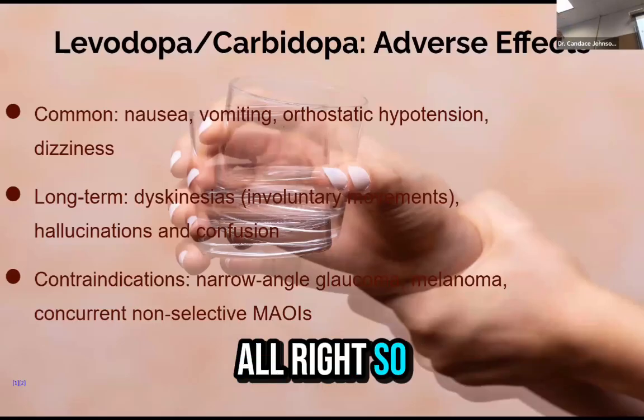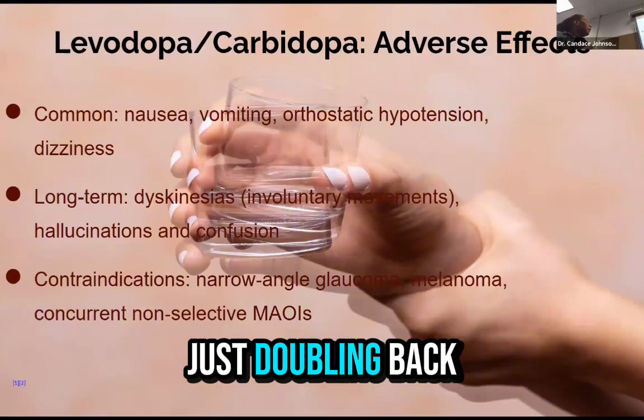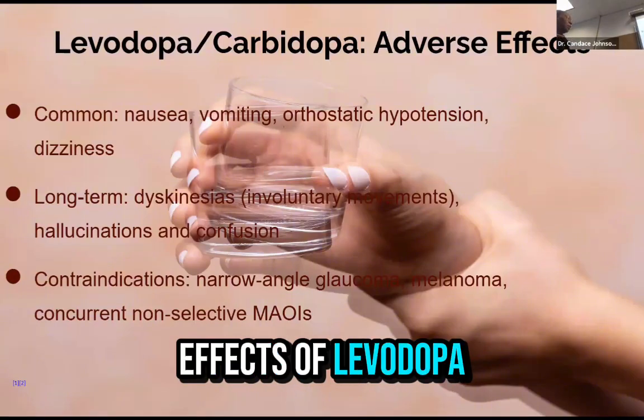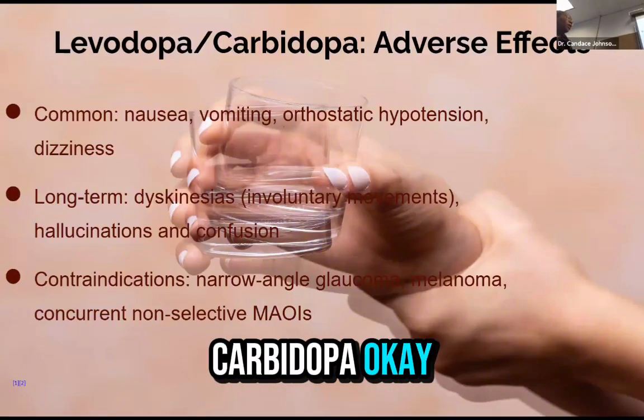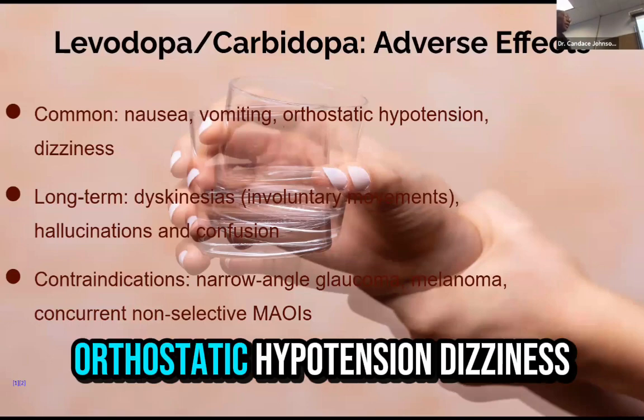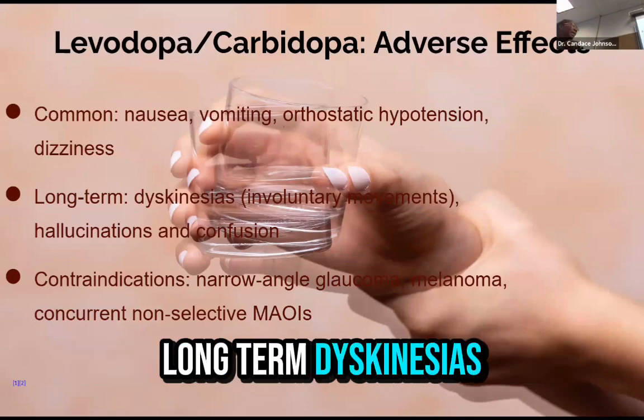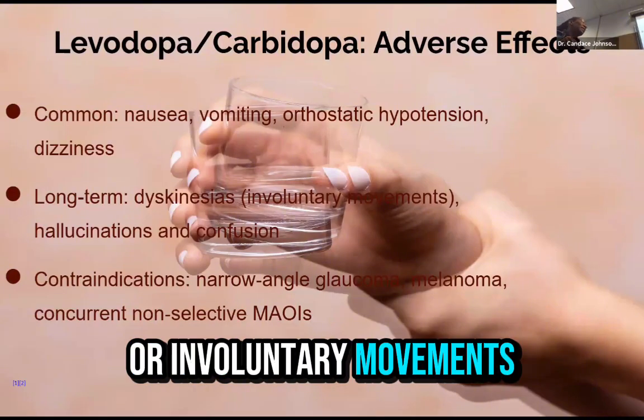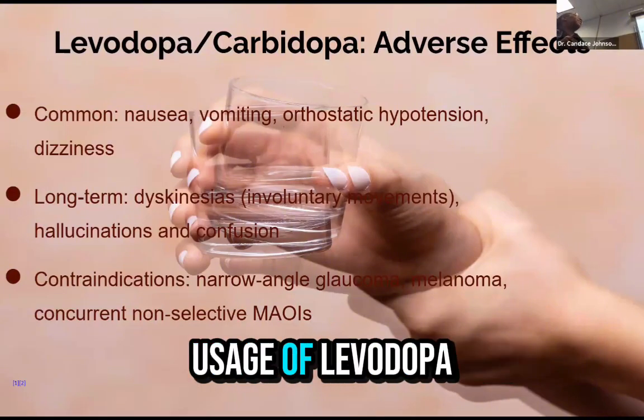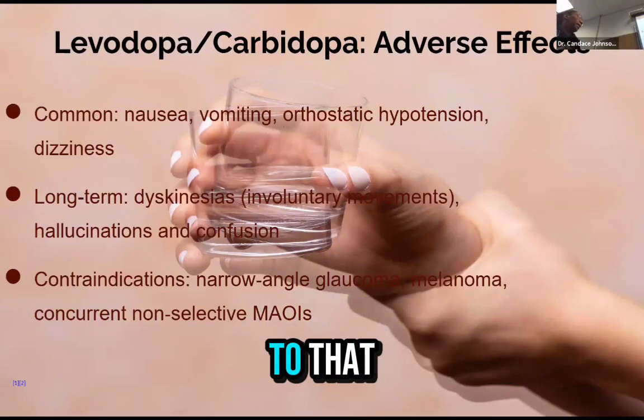All right, so just doubling back on the adverse effects of levodopa carbidopa: nausea, vomiting, orthostatic hypotension, dizziness. Long-term dyskinesias or involuntary movements, again, long-term usage of levodopa carbidopa can lead to that.